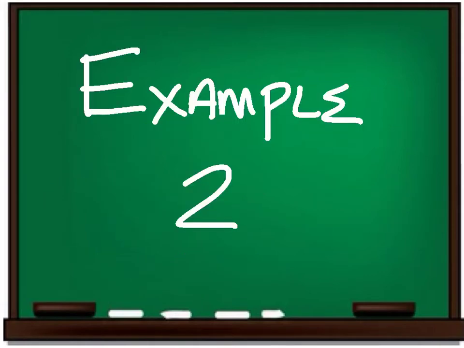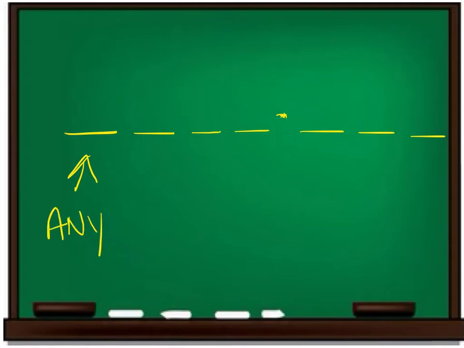In example number 2, we now have another license plate system to look at. We have a grand total of 7 different spots. However, you can have any character you want in the first spot. That's anything. For this, it must be a letter.